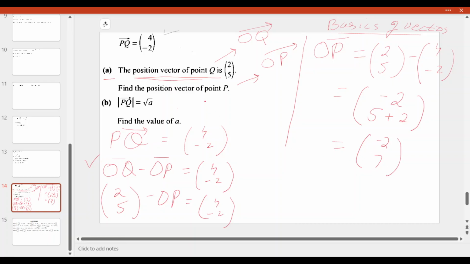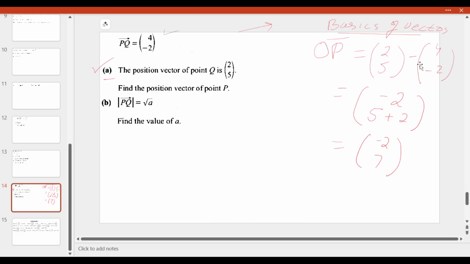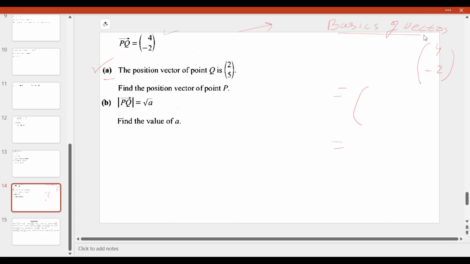Yes, this is the solution of the first part of the question. You can pause the video and note down, copy down this working, because I am going to erase this to solve the B part of the question.